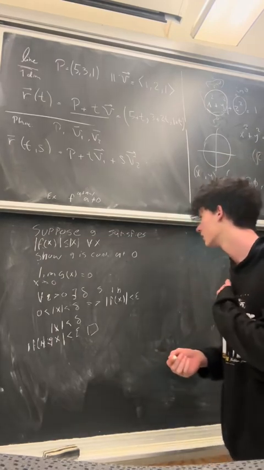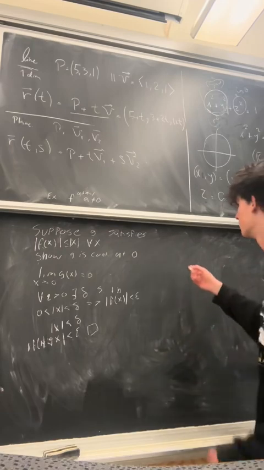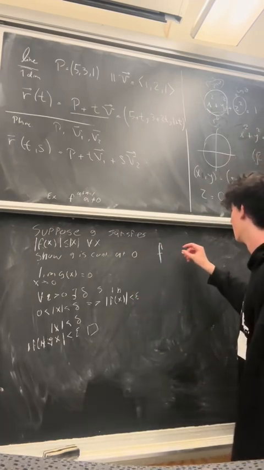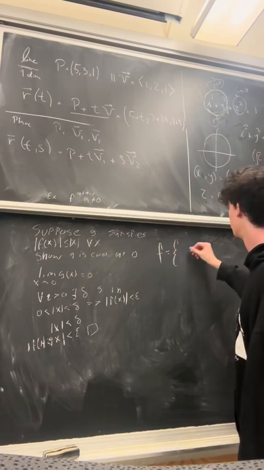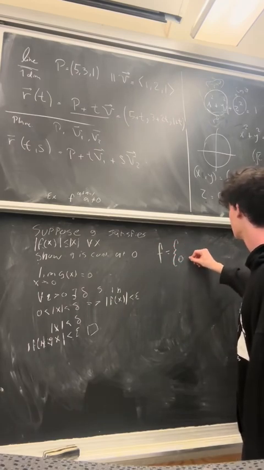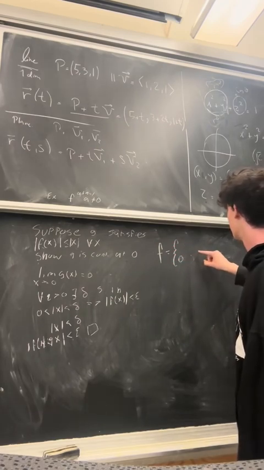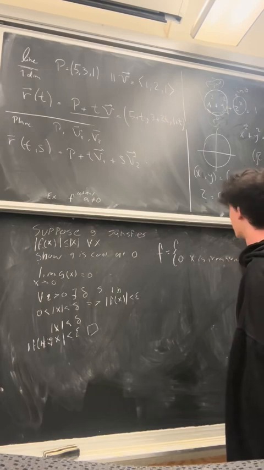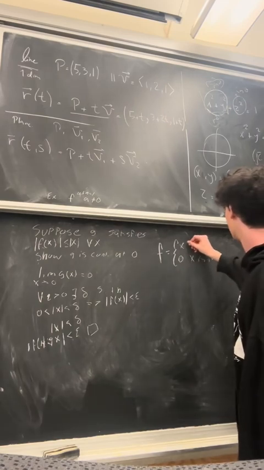And so the function that I propose is, you can see this, we let f be 0 when x is irrational. We let it be x when x is rational.